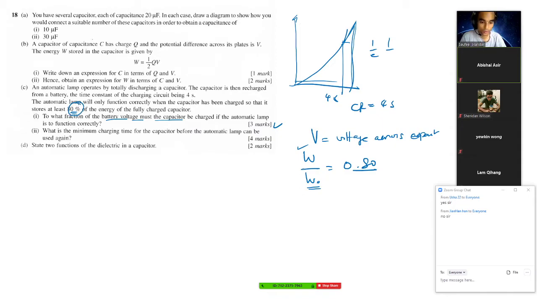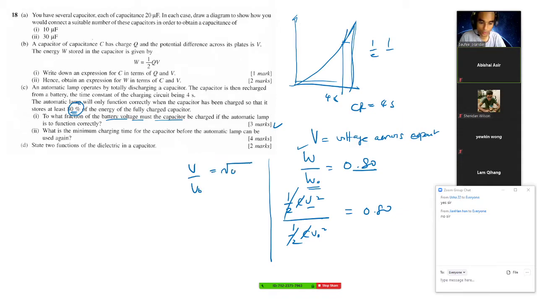So W equals 1 over 2 CV squared over 1 over 2 CV naught squared, which will be 0.80. We can cancel the C and the half. So V squared over V naught squared equals 0.80, and V over V naught is the square root of 0.80, which equals 0.89.